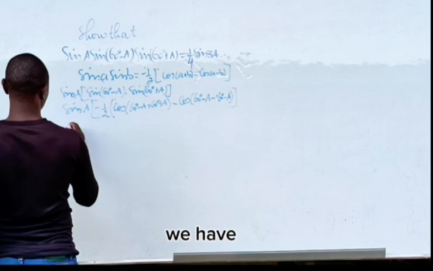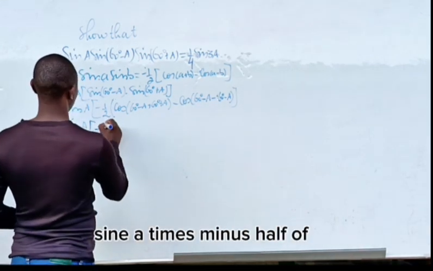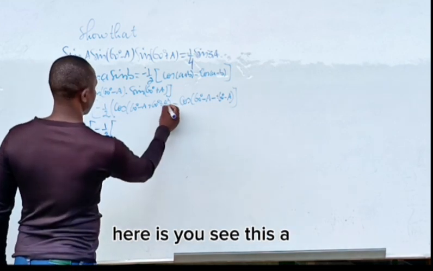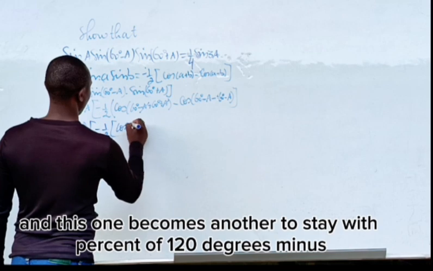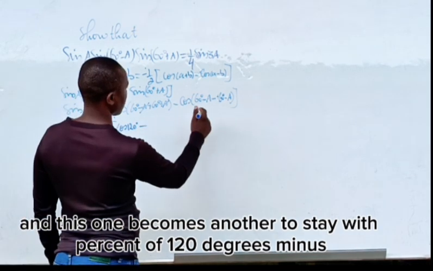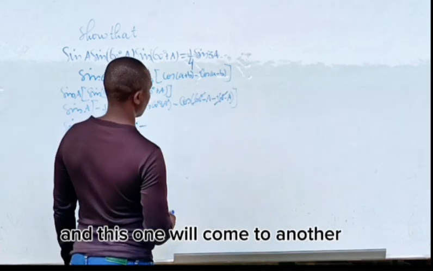Now we have sine A times minus half of, you see, this A and this one will cancel one another to stay with cosine of 120 degrees minus, here this angle and this one will cancel one another.